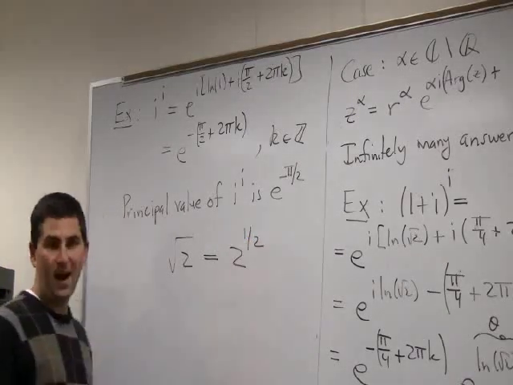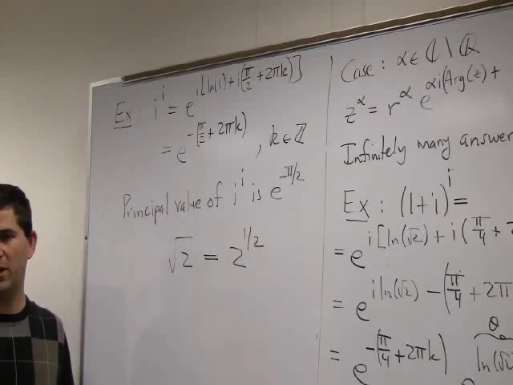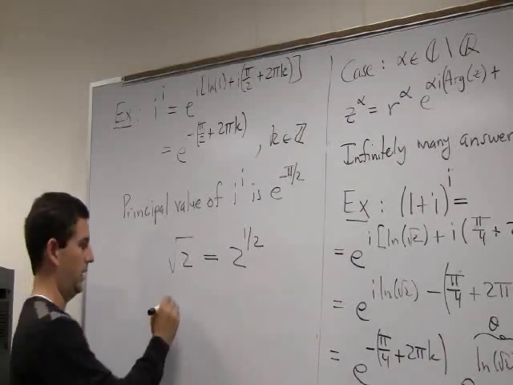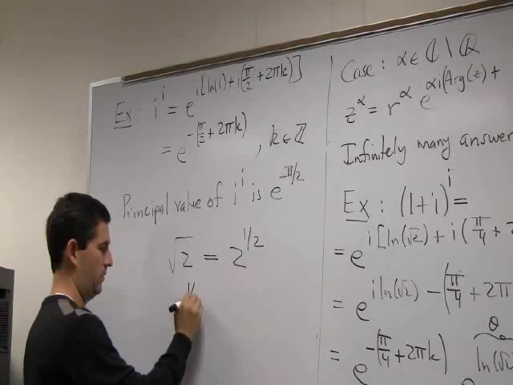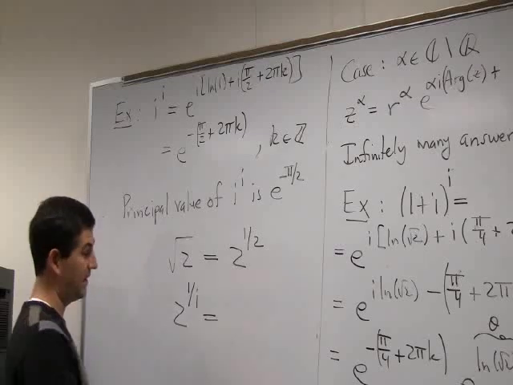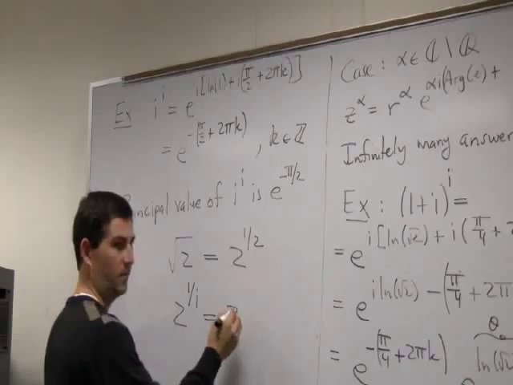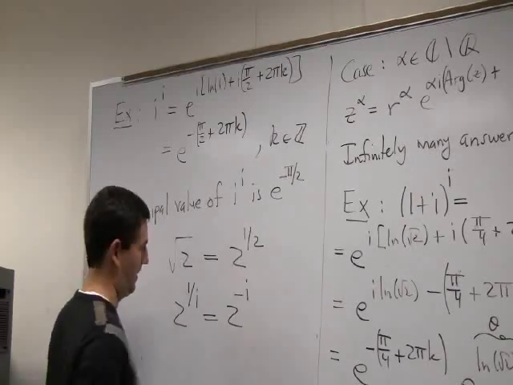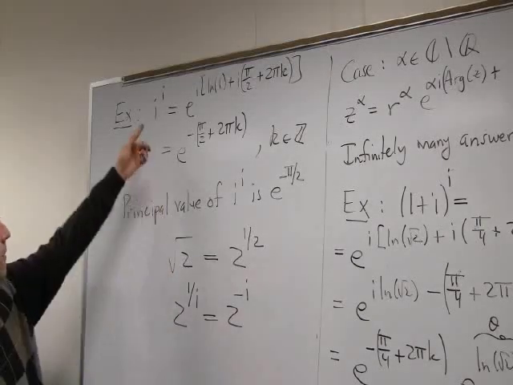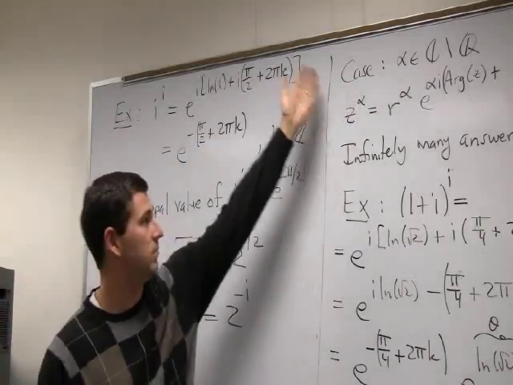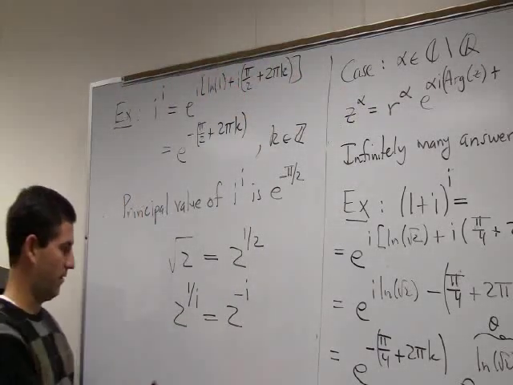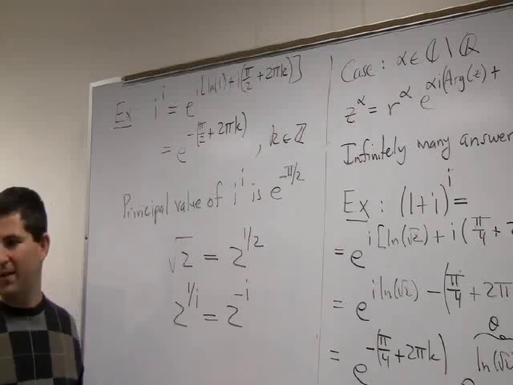So if I want to write the ith root of something, what should I write? 2 to the 1 over i. Of course, Christina is over there ready to say that that's just the same as 2 to the negative i. So you can use either one. It doesn't matter; from this point of view, you can do as you like. But now you can say, what's the ith root of something?